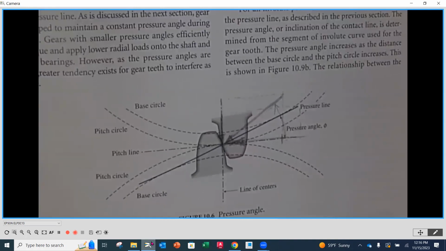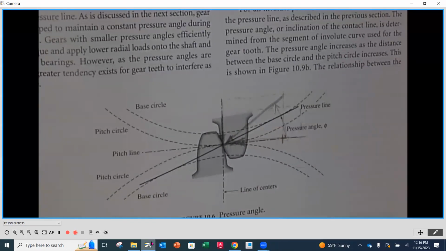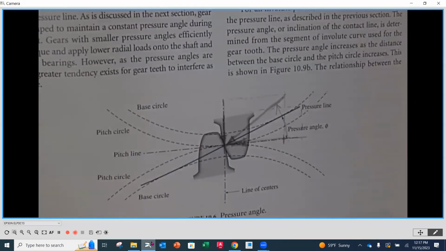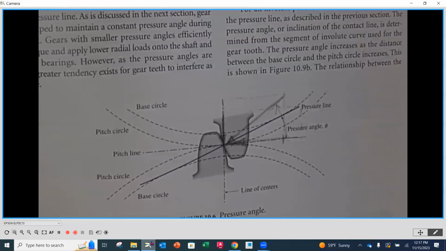That's why 25-degree pressure angles are ones that we consider for higher forces, low speed applications where you have bigger, chunkier gears, for instance, a gearbox for lifting a bridge.